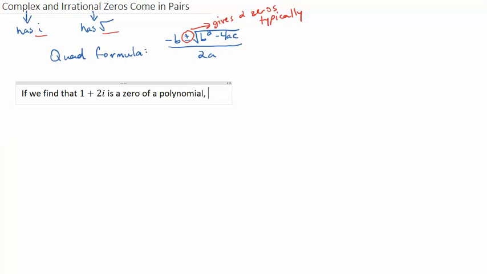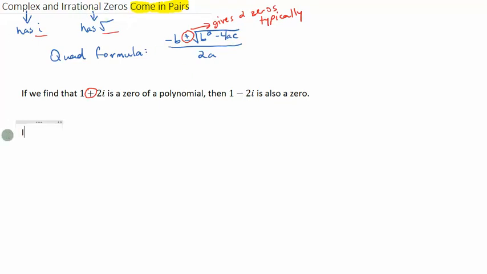That comes from this formula, and the plus here comes from the plus part of the formula, which means that if that's true, then the formula would also tell us that 1 minus 2i is also a zero. And so that's precisely what this video is all about. These complex zeros come in pairs. If you have one, you have another. And irrational zeros also come in pairs. So let's look at another example.